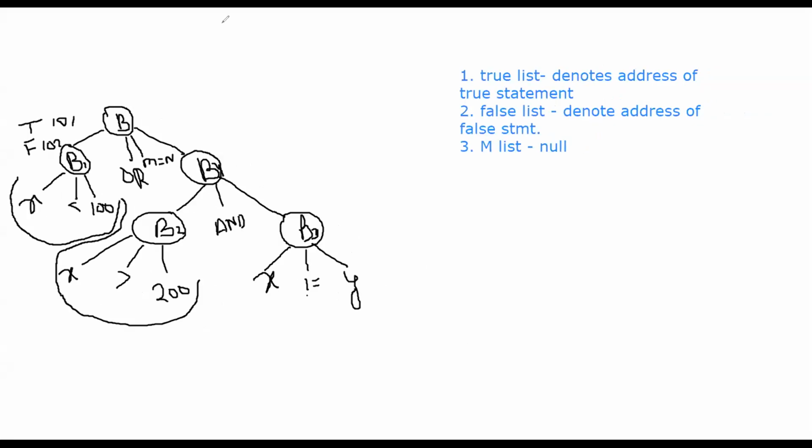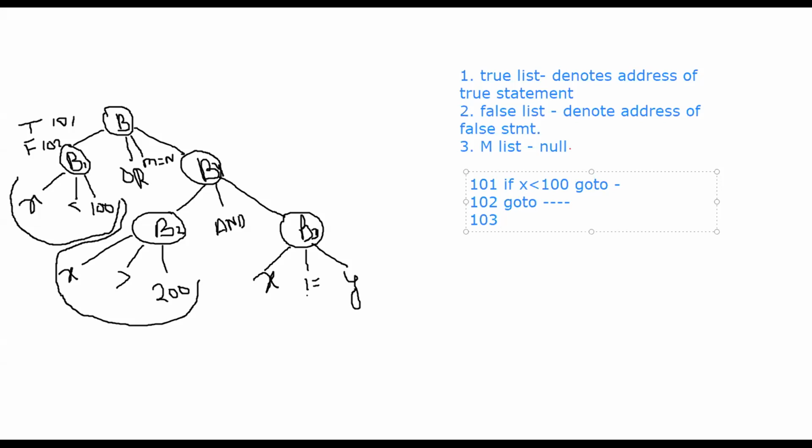So let's start writing the code now. At the line number 101, what I have written: if x is less than 100, then go to blank. At line number 102, what is written? Go to blank, right? But I know from the scanning of the parse tree that if x is less than 100 is false, then we'll move to the statement B2. And where is this statement written?